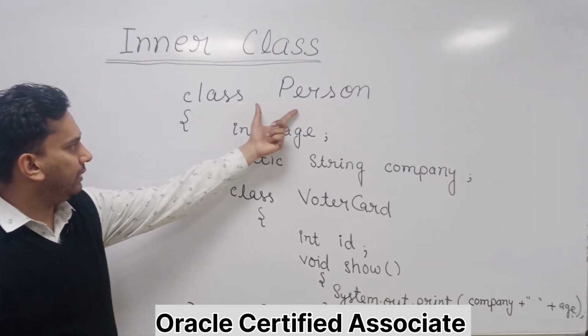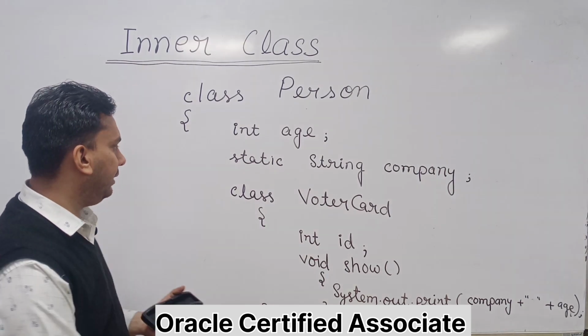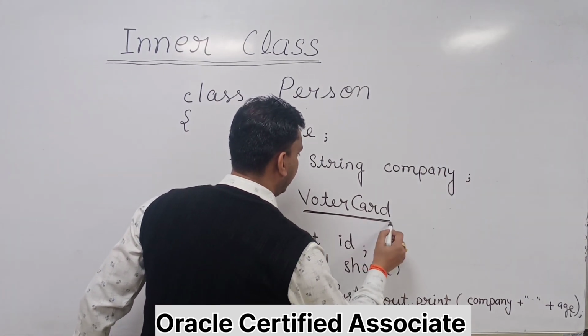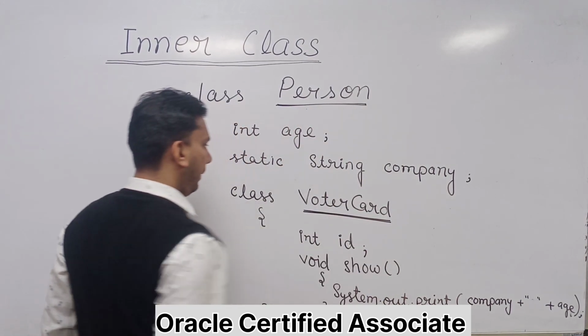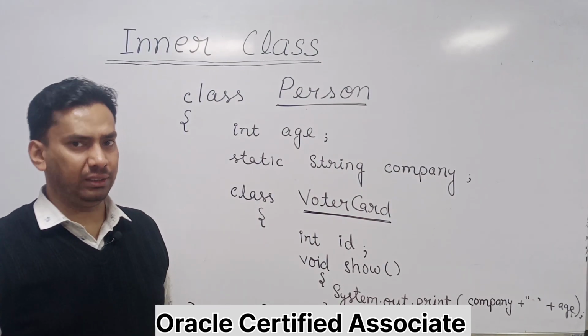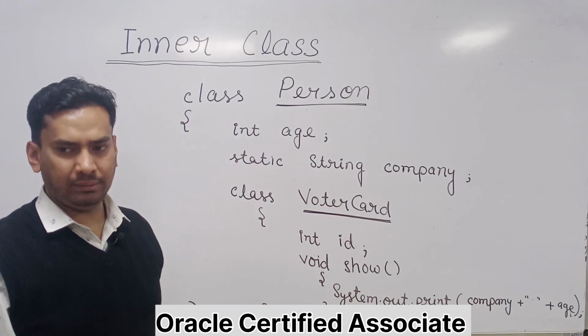So I have created the same example, Person, and in this class I am creating the inner class, which is VoterCard. So this is my inner class inside the outer class Person. The first thing that we'll discuss is instantiation. How will you create the object of this VoterCard?